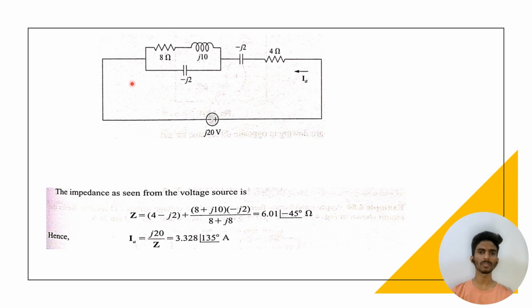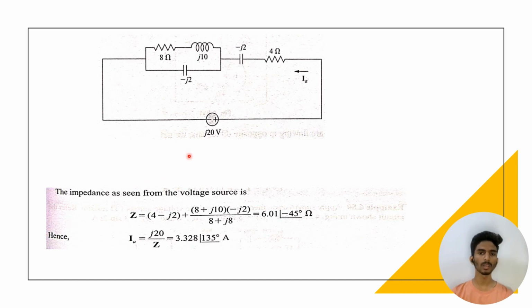After getting the simplified network, you can see in this network the 8 ohm and the j10 are in series, so we can add them. That is 8 plus j10 here, and 4 ohm and minus j2 are also in series, so we add them to get 4 minus j2.